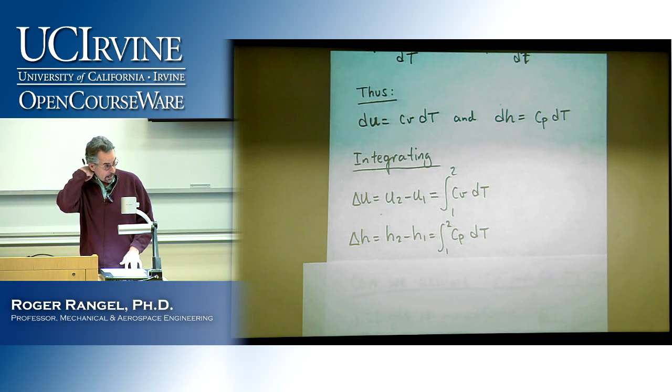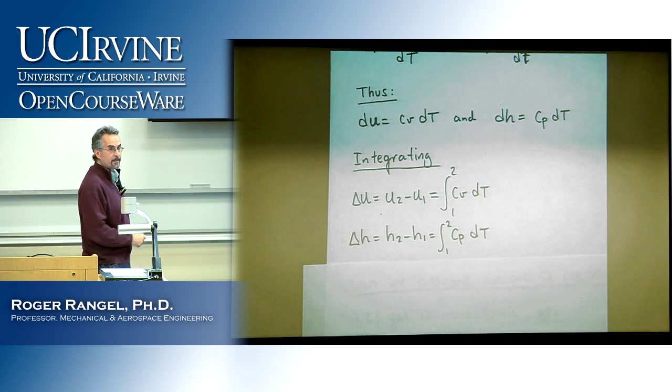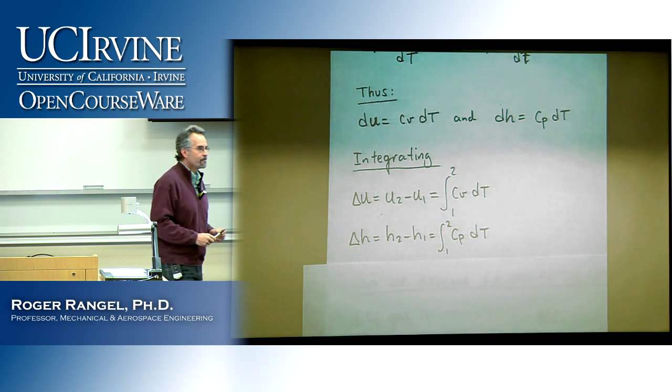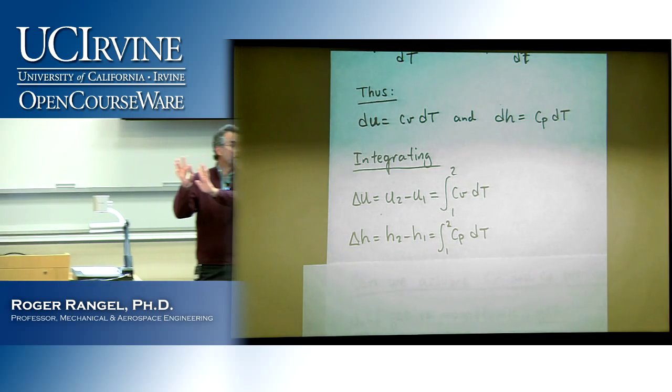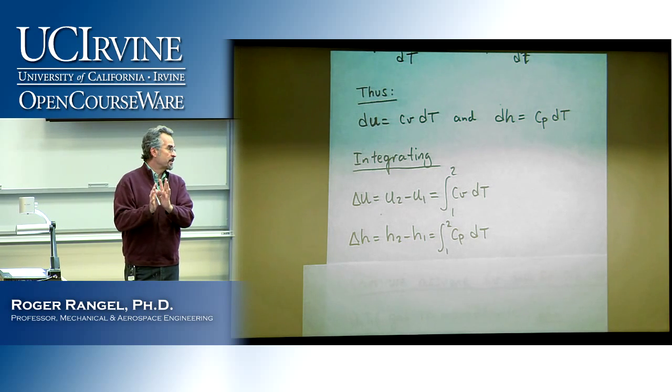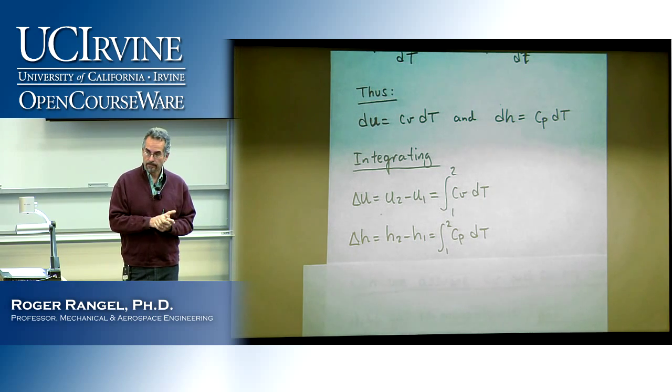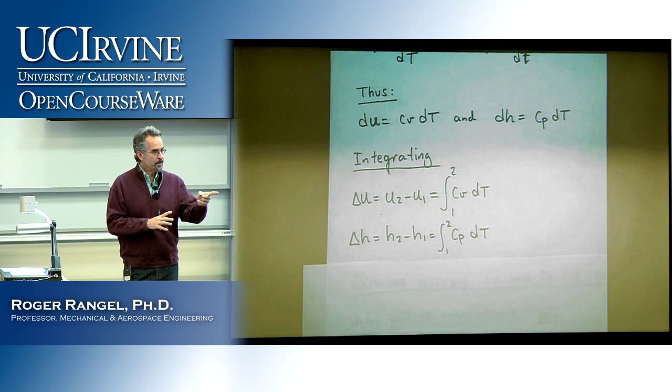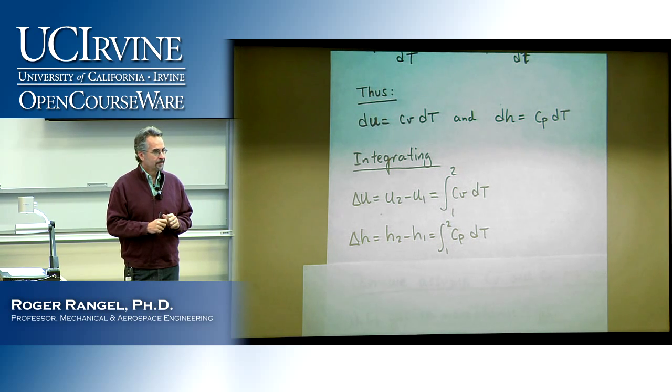All right, so how do I finish this integration? What can I do for my next step? Now I need to go to some table that will give me Cv and Cp, for example.